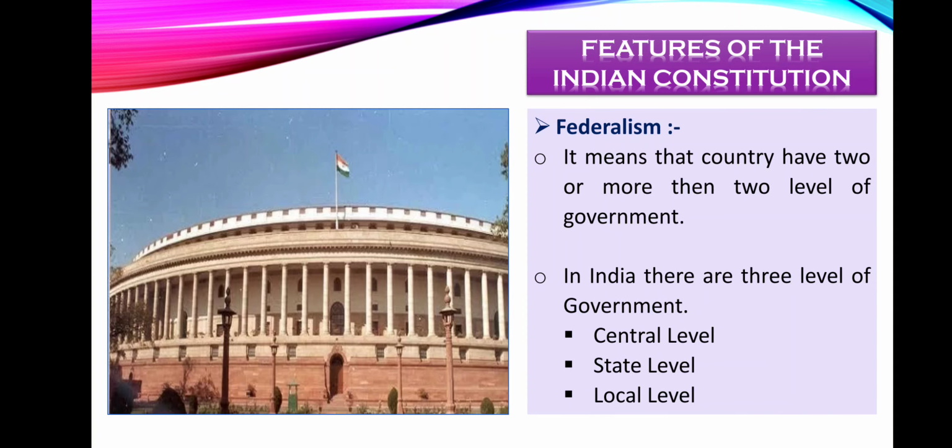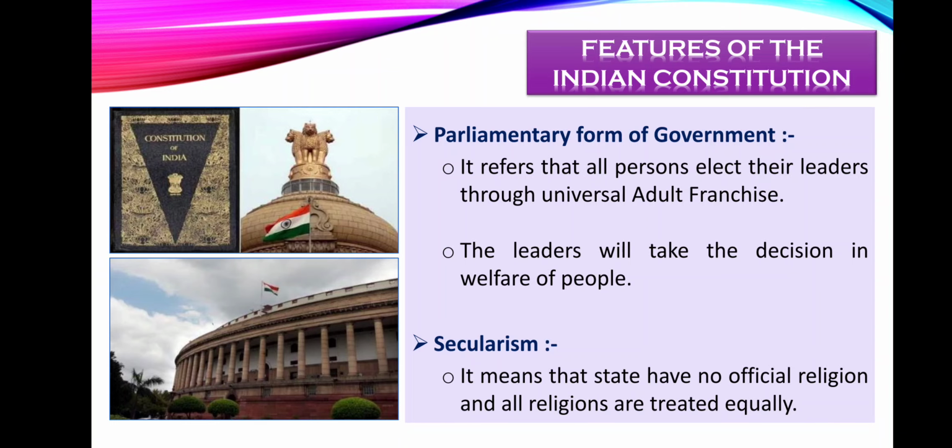Next we have the parliamentary form of government, in which the main people, the ones who are going to make laws for the country, are elected by voting by adults of our country. Adults are basically 18 years and above.